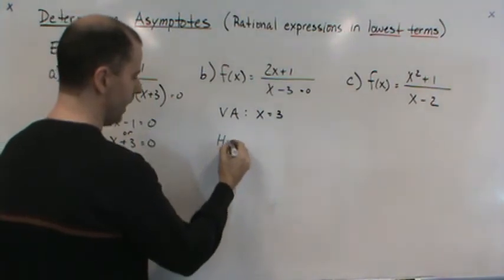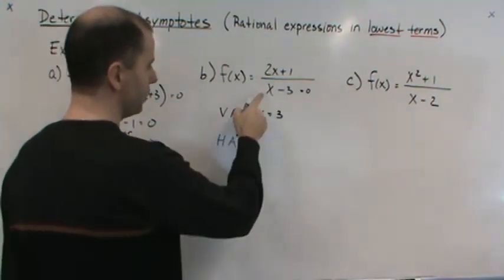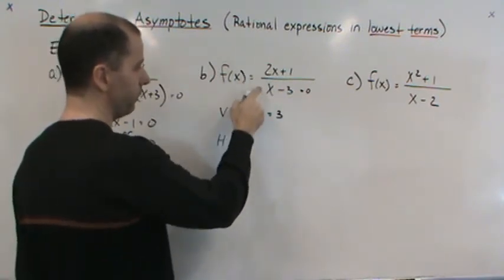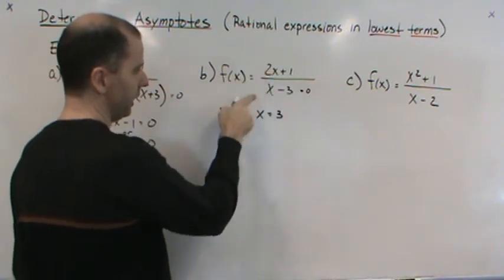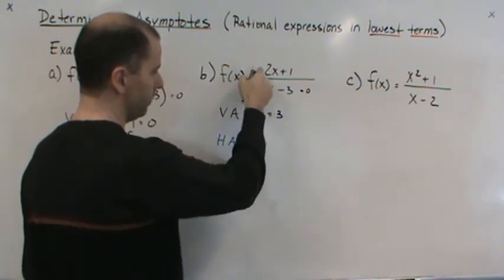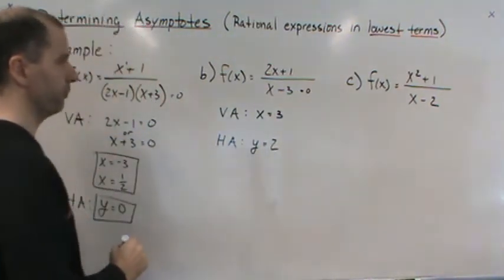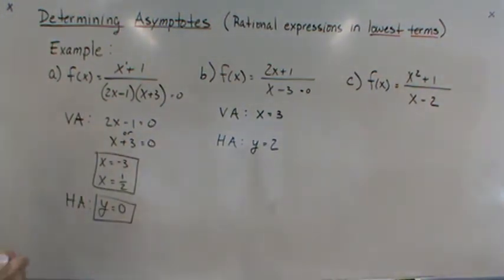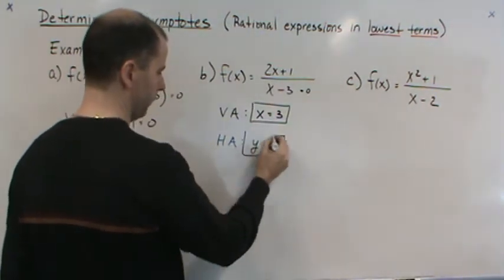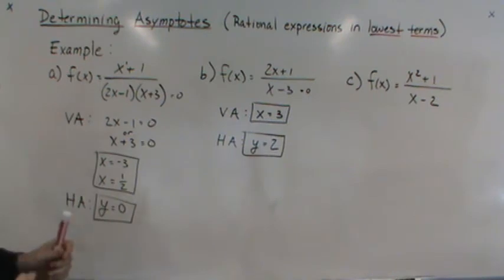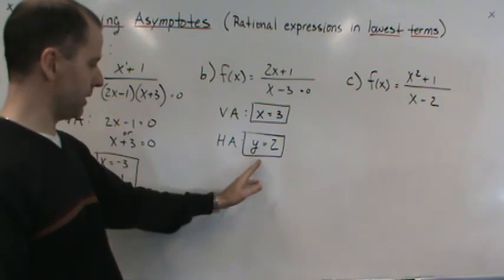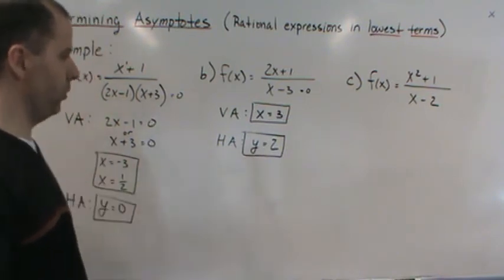So there is a horizontal asymptote, and the way we find it is we take the ratio of just the leading coefficients, which here is 2 over 1. So the horizontal asymptote is at y equals 2. Again, we're done because there are no oblique asymptotes. So we have one vertical asymptote at x equals 3 and one horizontal asymptote at y equals 2.